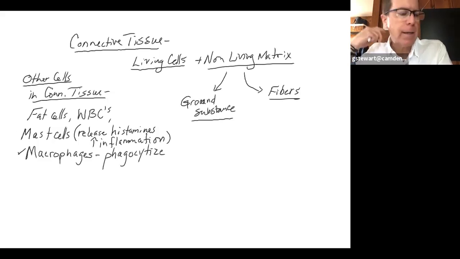And I'm going to tell you right now, this will help you since you're attending this meeting. What I focus on when I ask questions on the quiz about connective tissue is some questions about these general characteristics that we have gone over.